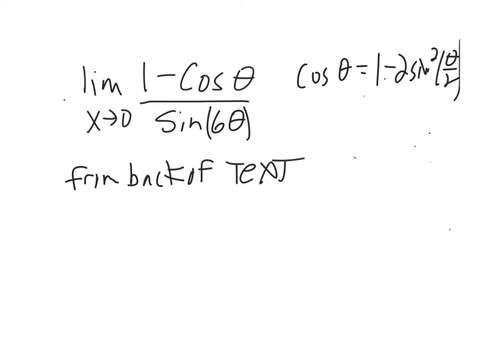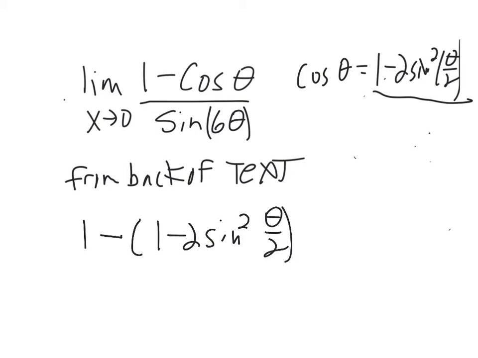So what we're going to do is this replacement. So 1 minus, I'm going to replace that cosine theta with that mess. So 1, notice my parentheses, it helps make sure our signs don't change, or we keep their correct signs. That's a famous trick I have.